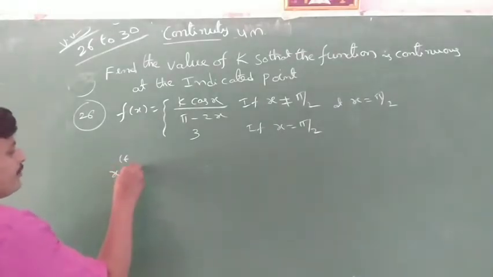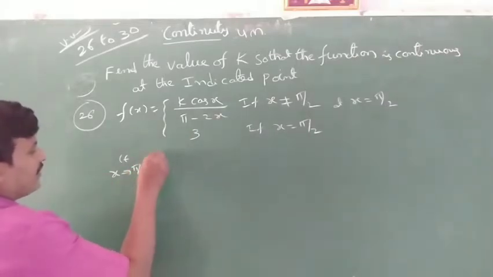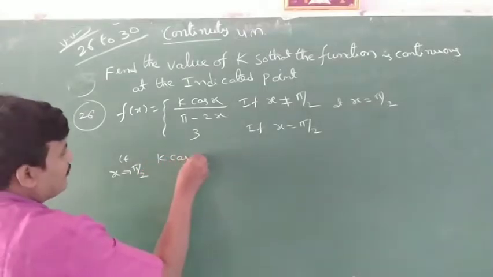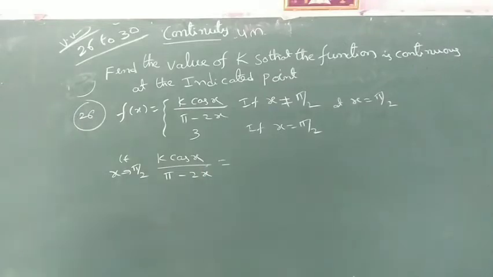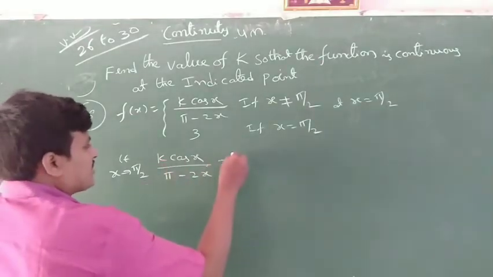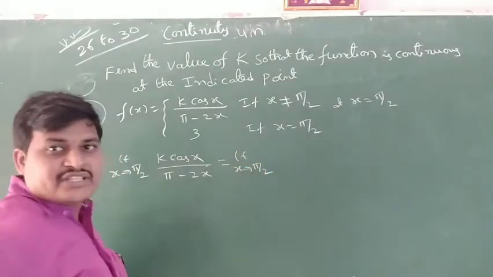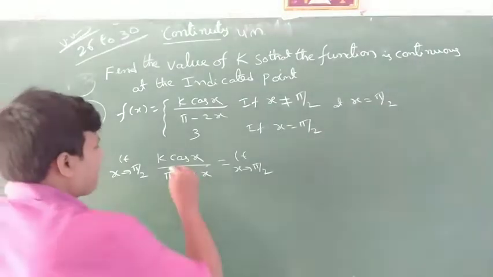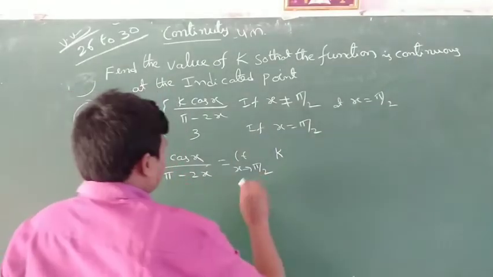Limit x tends to pi by 2 of k cos x by pi minus 2x. We have to find this out. Limit x tends to pi by 2, k into cos x.